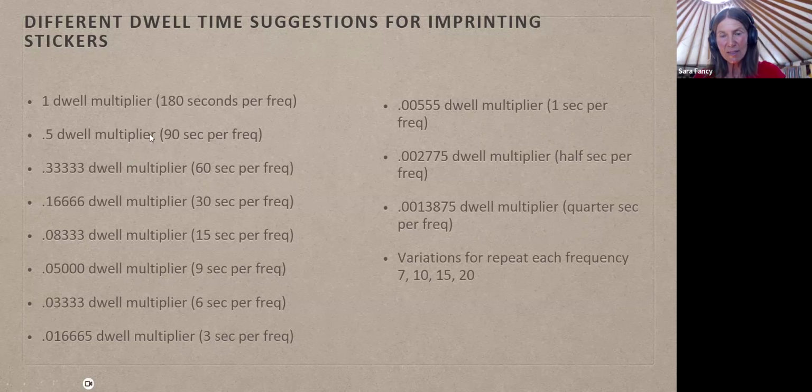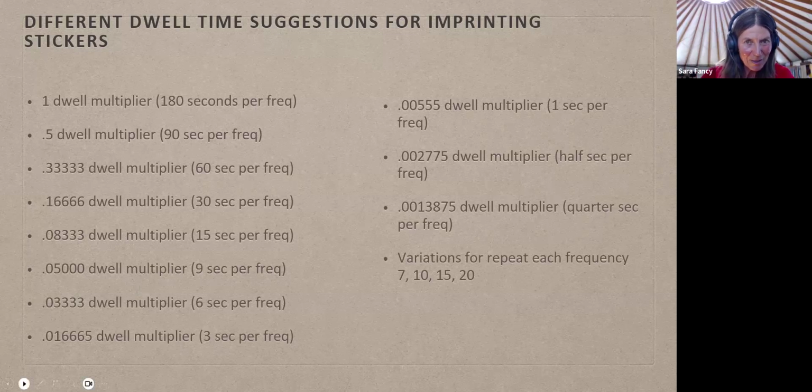So you've got your sticker in 7 minutes, and you can even do it faster than that. If you did like 0.002775, that's half a second. That would be, I believe, 3.5 seconds that you could have that sticker if you did it 7 times. Do you understand?